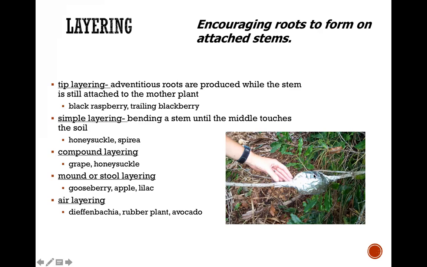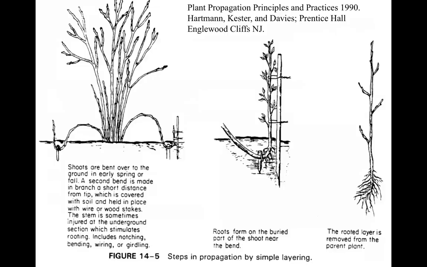All of these are accomplishing essentially the same goal, which is to fool the stem into thinking that it's underground, therefore it must make roots. This is tip layering. These tips of the plant are dug underground and producing roots, and then you can cut it off and you have a little rooted layer from the parent plant that you can remove and plant somewhere else.